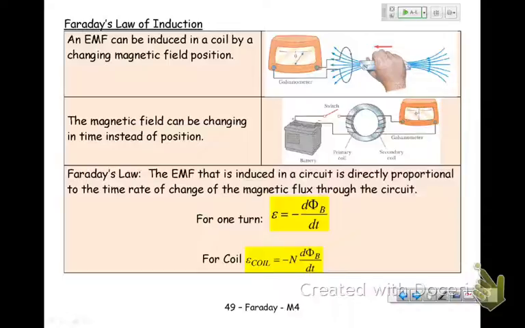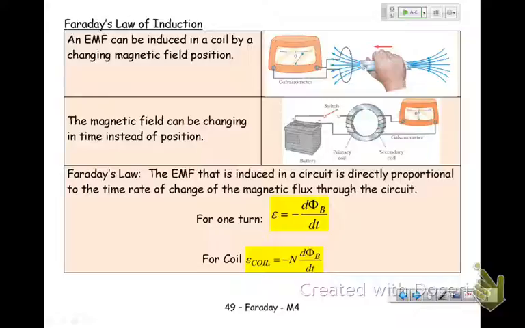If I take a bar magnet and I hold it near a loop of wire, no battery connected, just a loop of wire, and I connect a sensitive ammeter to that loop of wire, sometimes called a galvanometer because it's really sensitive, nothing happens.